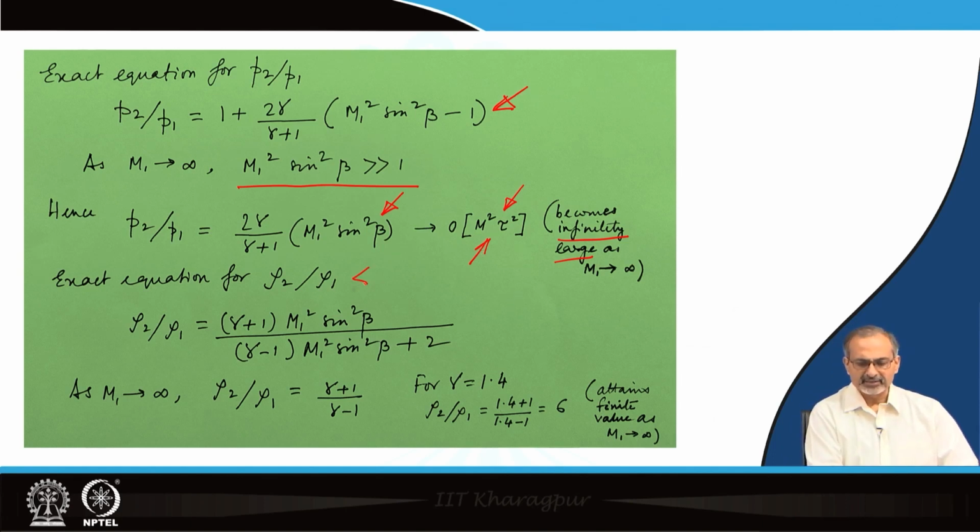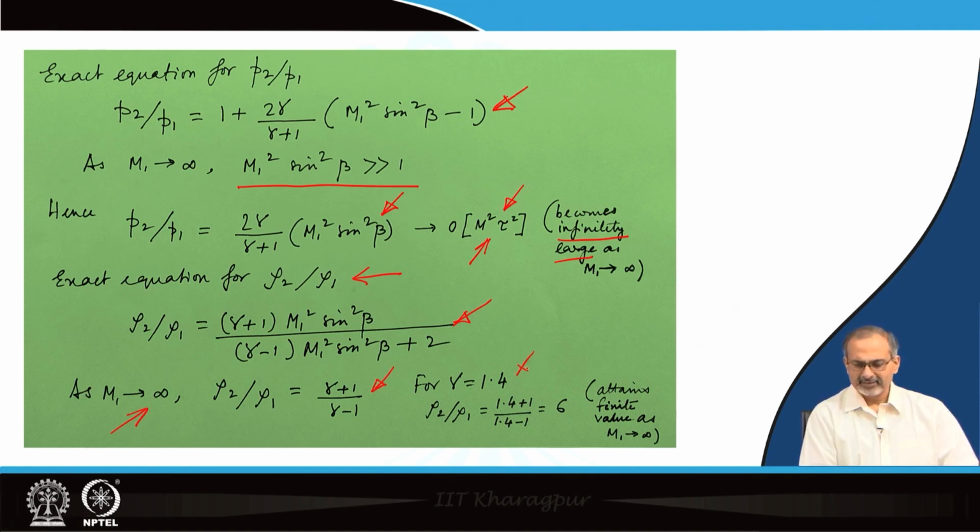If you were to look at the density ratio, then the exact equation works out like this. Remember that the exact equations involve M1, gamma as well as beta, whereas in the case of a normal shock, we remember that it depended only on M1 and gamma. There was no role of the shock wave angle, because in that case the wave angle is always 90 degrees. As M1 tends to infinity, rho 2 by rho 1 tends to gamma plus 1 by gamma minus 1.